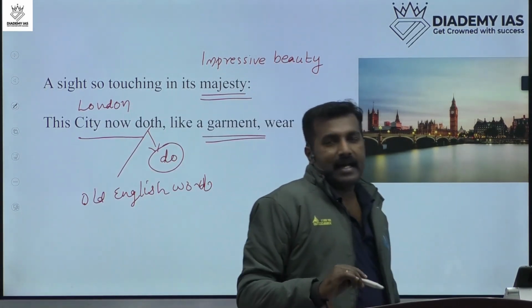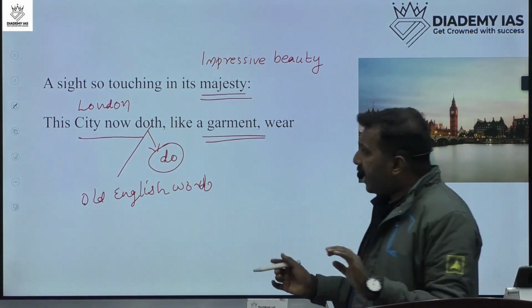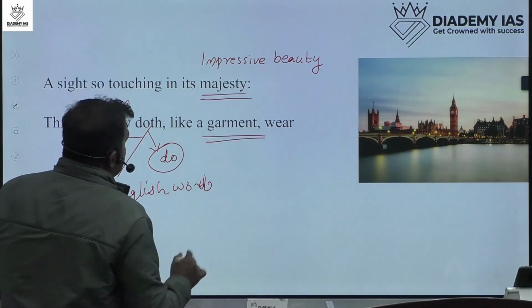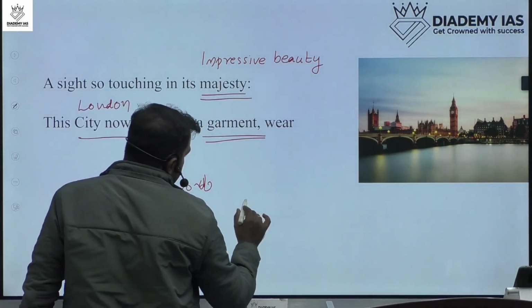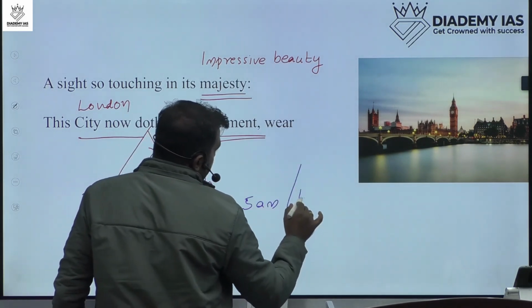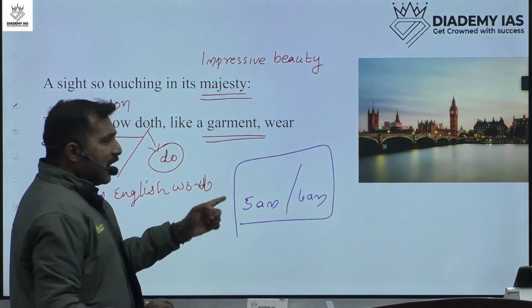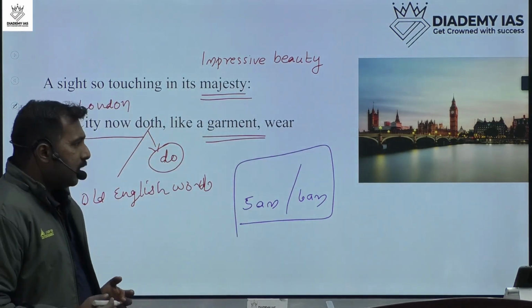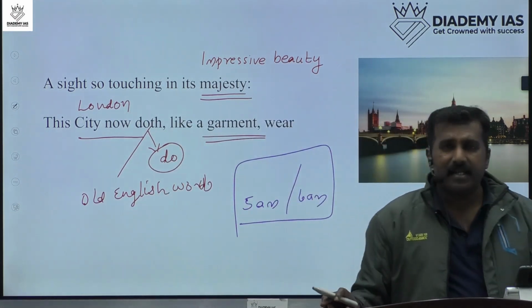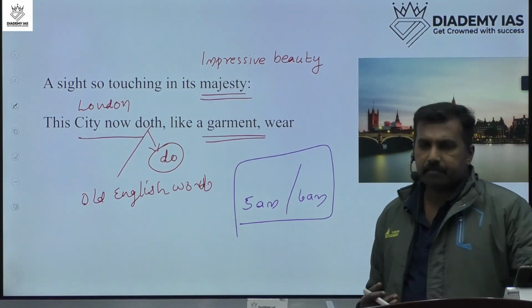It means that the poet says that in this time, so which time? The time is early morning, approximately 5 a.m. or 6 a.m. And at this time the city, London, and the bridge, Westminster Bridge, look very beautiful.